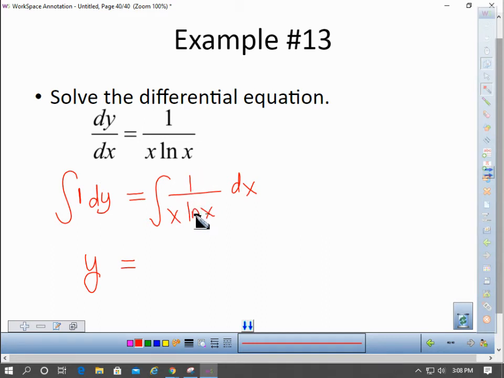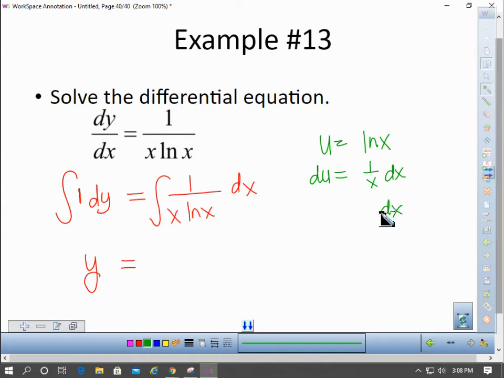What you notice is we have a 1 over x, and you also have natural log of x. Well, the derivative of natural log of x is 1 over x. So I'm going to do a u substitution. I'm going to let u be natural log of x because I see its derivative, 1 over x, in the problem. So du equals the derivative of natural log of x, which is 1 over x dx.